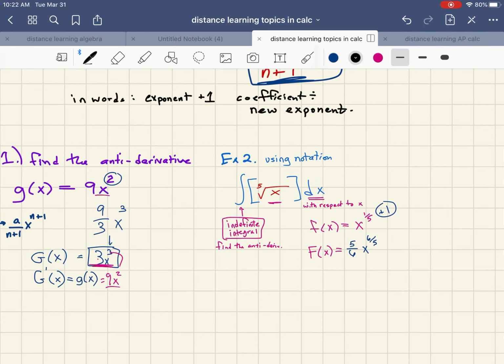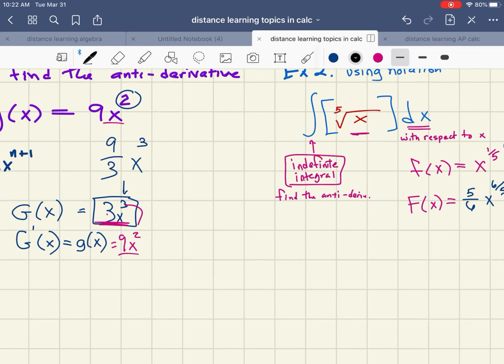Now there's one component of this that we're not really looking at. I'm going to come back to the other problem over here. Let's say I had 3x cubed plus 7 as a new function, h of x, and I took the derivative of that, h prime. I would get 9x squared plus 0.